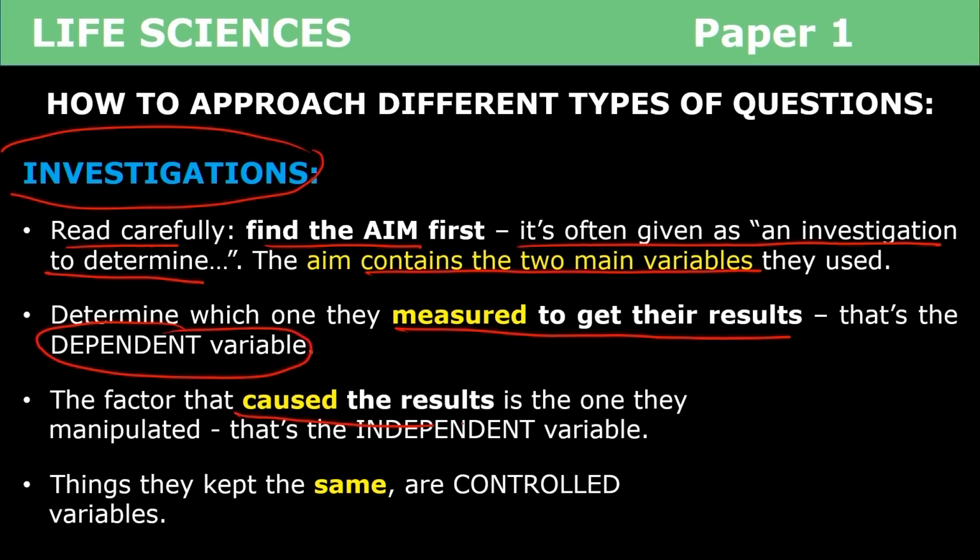The factor that caused the results or caused the change, okay, that is also most likely to be our independent variable. It also could be the one that has been manipulated, changed by the investigator. Okay, and then what are some of the things that they kept the same? Those will be your controlled variables.